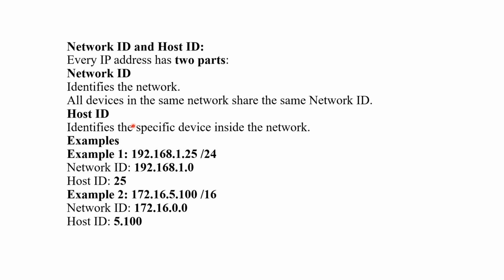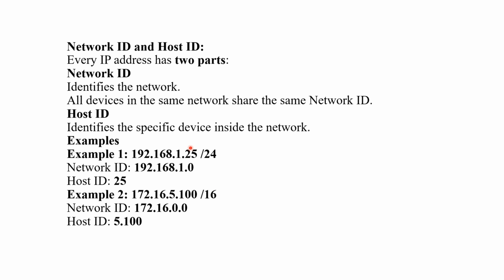You have a network and you have some router, switch, or host on that network, and the collection of those devices is called a network. Then the network ID identifies your network, and the host ID identifies the hosts or devices that are located in your network.